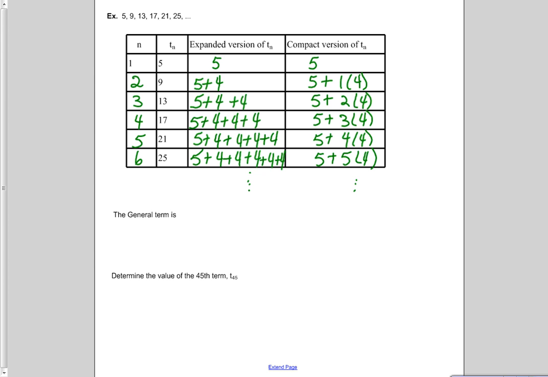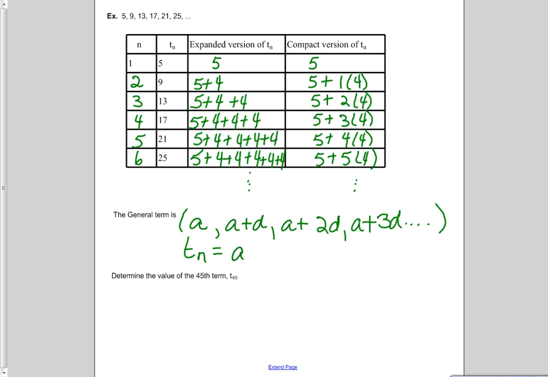So our general term for an arithmetic sequence is you have your initial value, and then your initial value plus a common difference, and your initial value and 2 common differences, and 3 common differences, and so on. To write it as a general term, my general term is my initial value plus 1 less than the term number of the common difference. So for instance, term 6 would have the initial of 5, and then 5 4s, not 6 4s, but 5 4s.